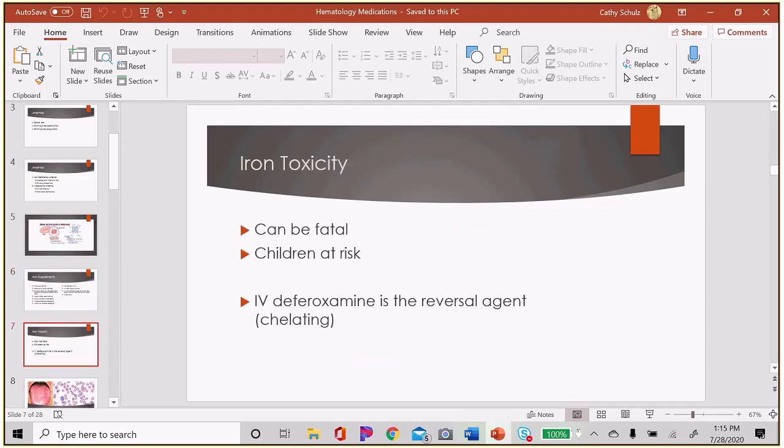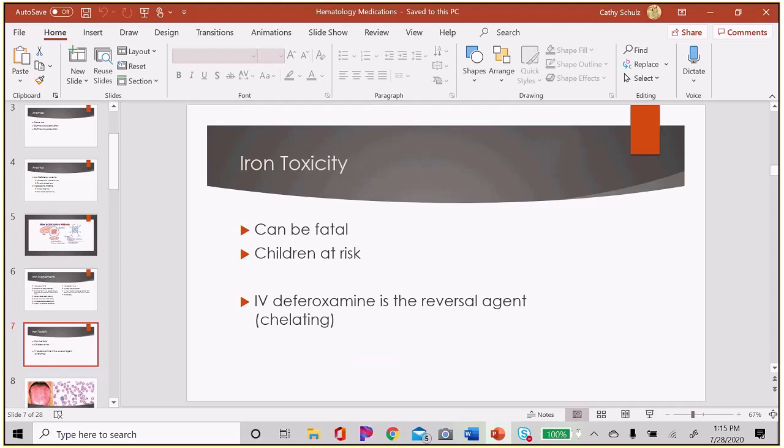The other issue with iron, especially if you're giving it as a supplement to children, and it's added to a vitamin that's like a gummy, is the potential for iron toxicity, which could be fatal. So iron should be kept up away from children.